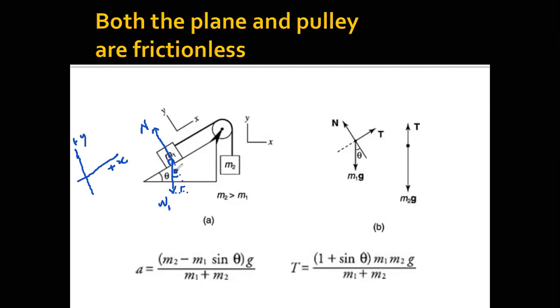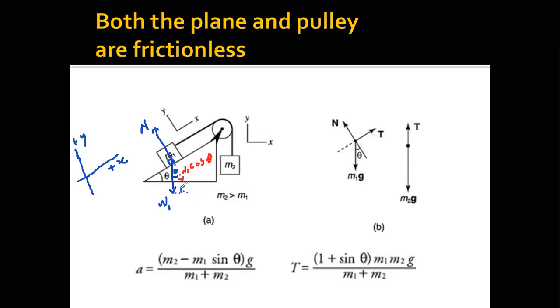When we study carefully, because this is the adjacent side, we have W1 cos theta.